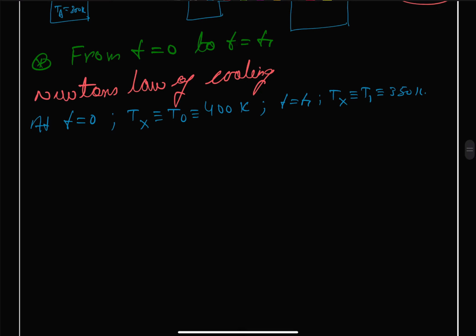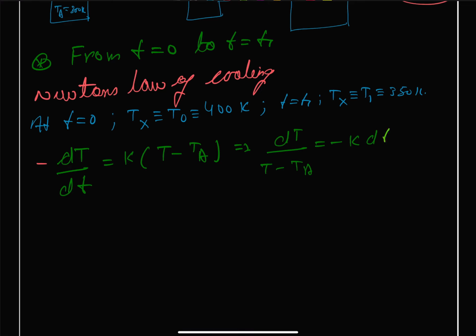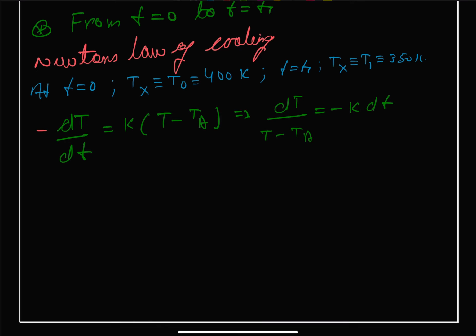So according to Newton's law of cooling, we can write that minus the rate of decrease of the temperature will be equal to constant K times T minus TA, and we can write this as dT upon T minus TA will be equal to minus K times dt, and we integrate with respect to temperature as well as time.